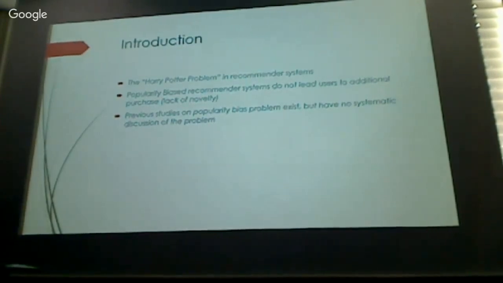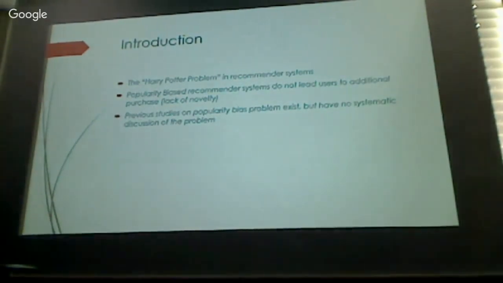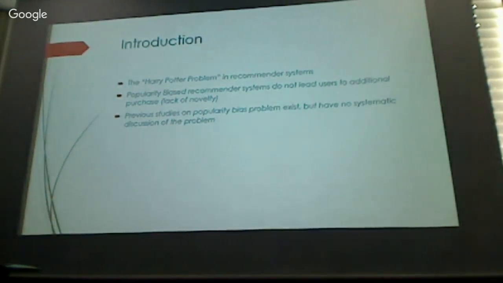In recommender systems, there is a problem called the Harry Potter problem. Most of the existing recommender systems suffer from this popularity bias problem. Popular items are always recommended to the user, regardless of whether they are related to the user or not.